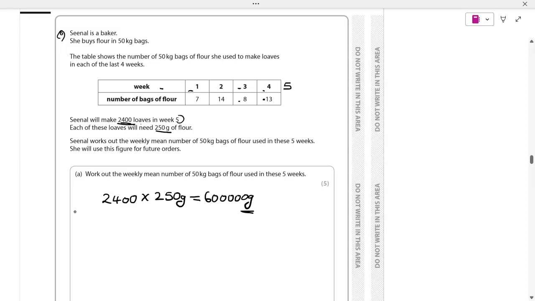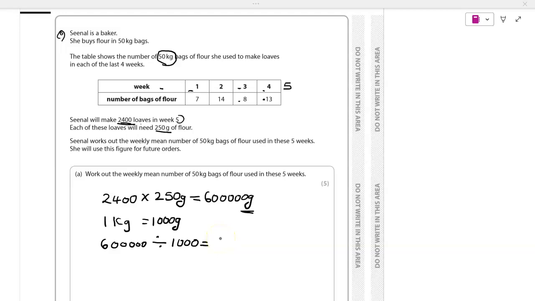If you notice here, 600,000 is in grams, and the flour is packed in 50 kilograms. So we need to convert 600,000 to kilograms. We know that 1 kg is equal to 1,000 grams. So we need to divide 600,000 by 1,000.